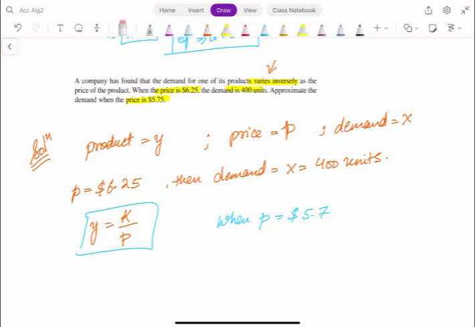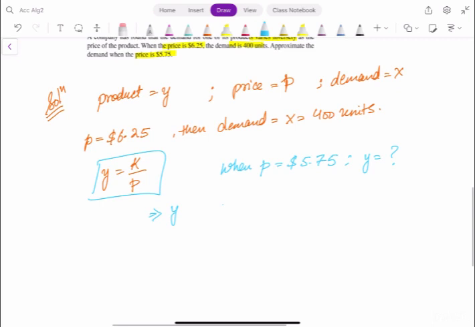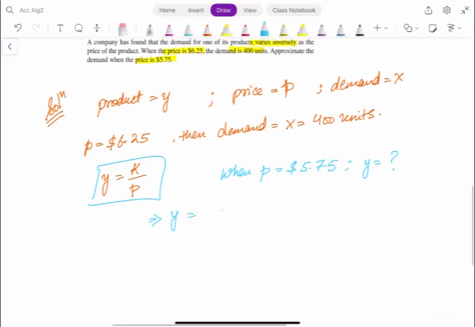I need to calculate the value of k first, the constant. To calculate the k first, we take 400, which is the final output. So we have y is equal to k over p again.